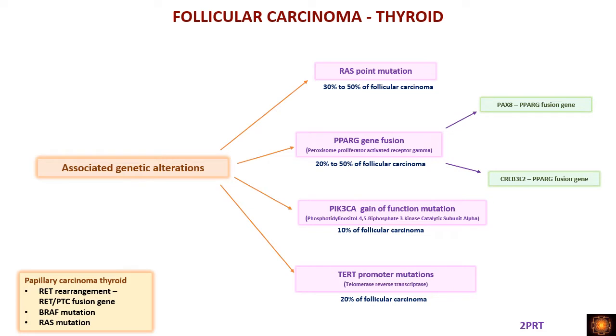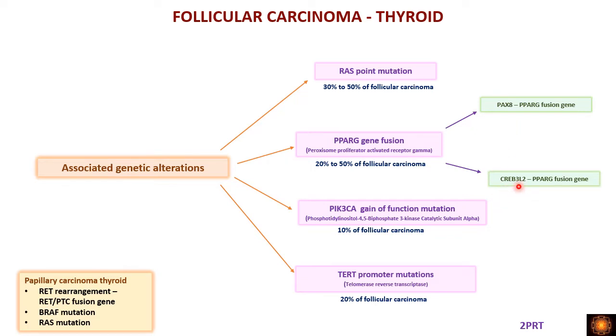Now when we see the genetic alterations which are associated, we have four main genetic alterations in follicular carcinoma. The first one is the RAS point mutation. This contributes to about 30 to 50% of the cases. Another one is PPARG gene fusion. This gene fusion occurs either with the PAX8 or with the CREB3L2 gene.